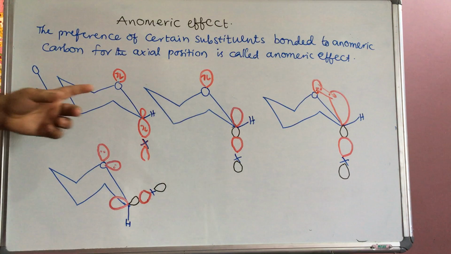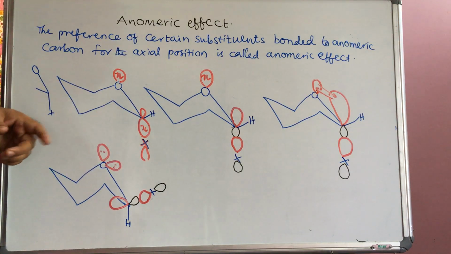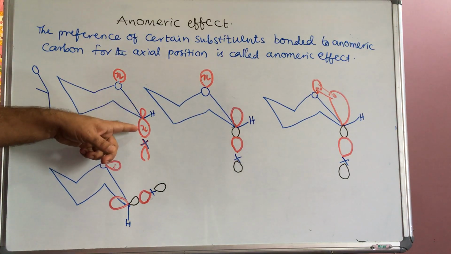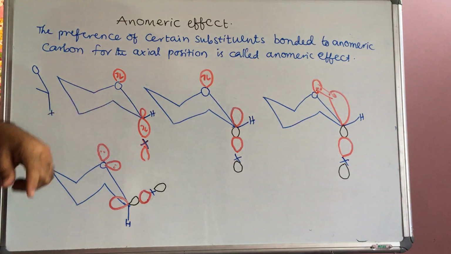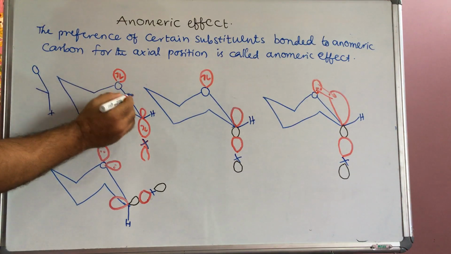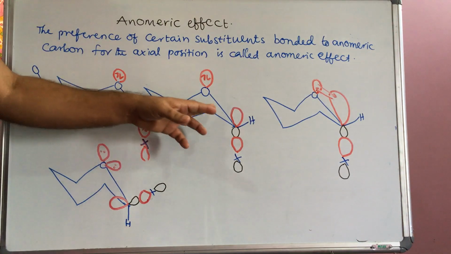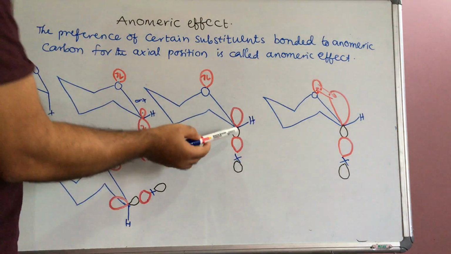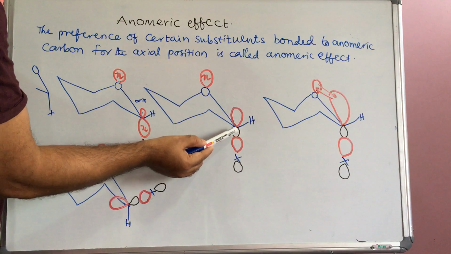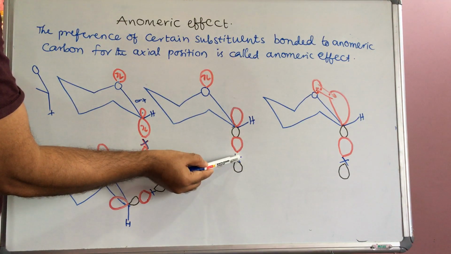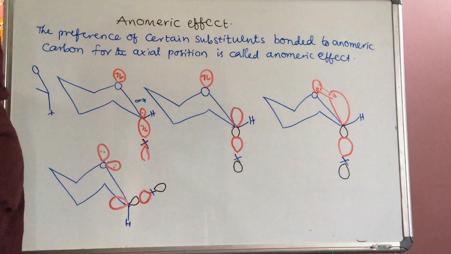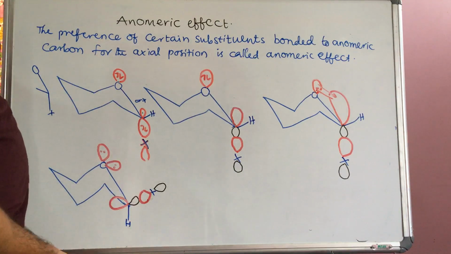I represented it in orbital form. So this is the sigma star anti-bonding orbital, clearly represented here. This is the C-X bond, this is carbon, this is the halogen, a more electronegative atom. Generally you can take chlorine also.